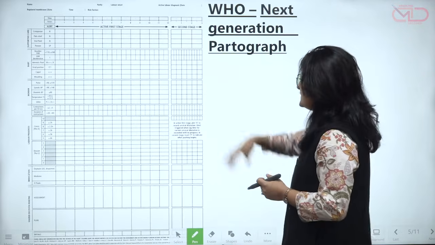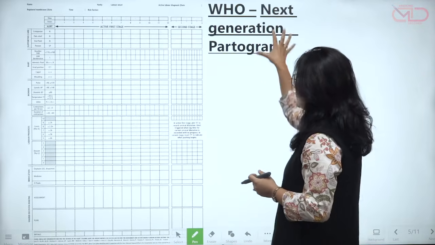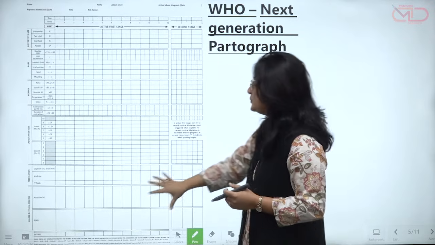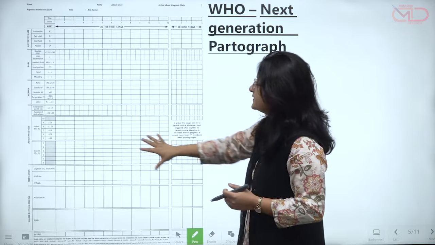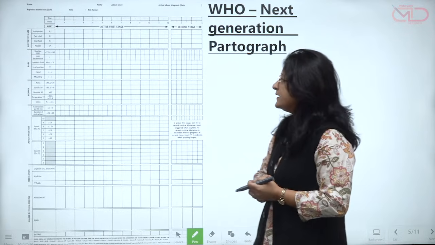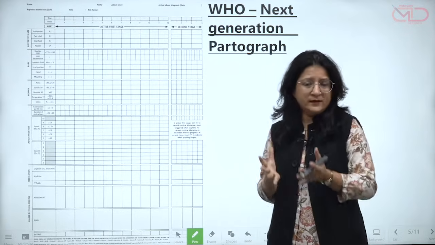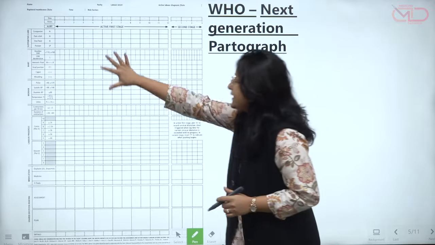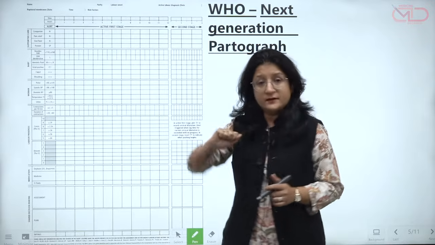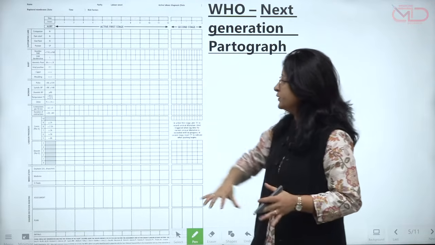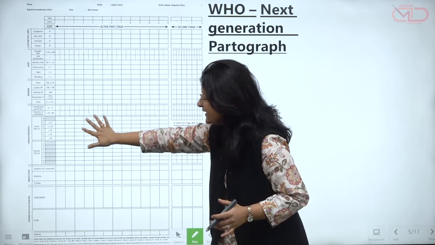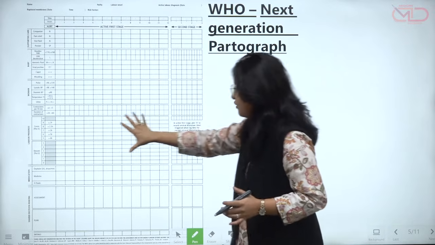Now moving on, let's come on to understanding what this WHO next generation partograph is. So this is a snapshot of a complete partograph here, the graphical record, and what is similar in comparison to the WHO modified partograph is that yes, the time is noted on the x-axis. The woman's progress in labor is determined by the change in cervical dilatation and the descent of head over a period of time.